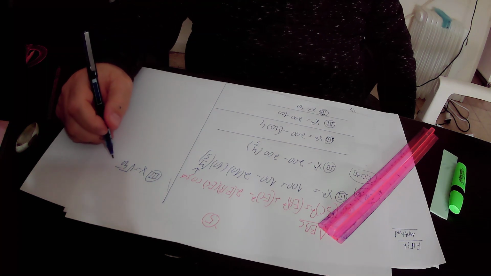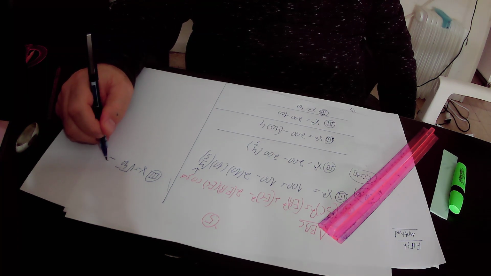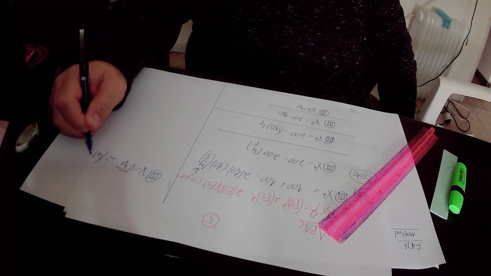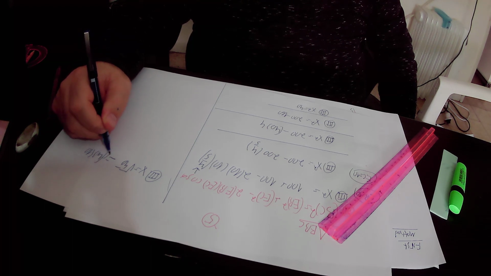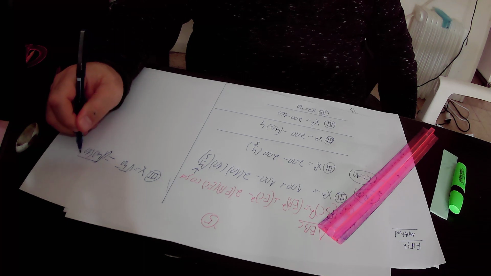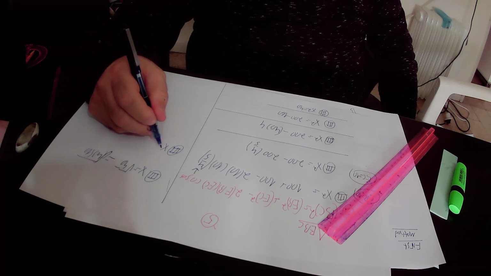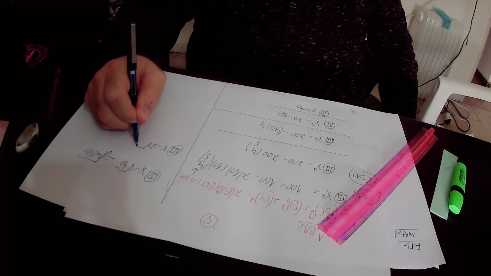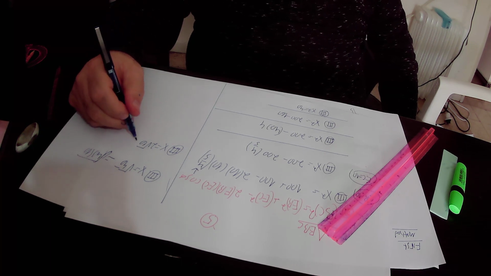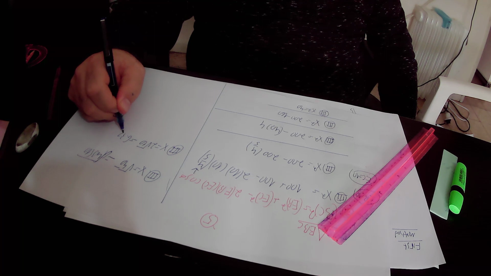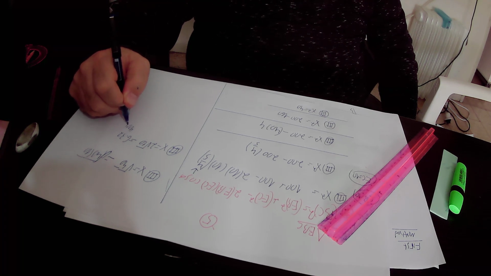And 40 is 4 times 10, so we substitute 40 by 4 times 10. The square root of 4 is 2, so x equals 2 times the square root of 10 units, which in numbers is 6.32 units.